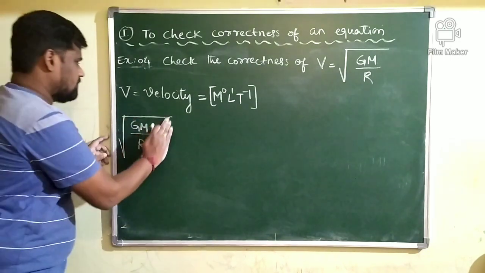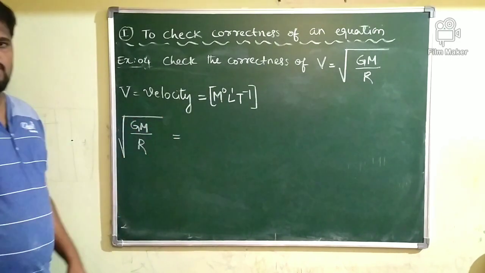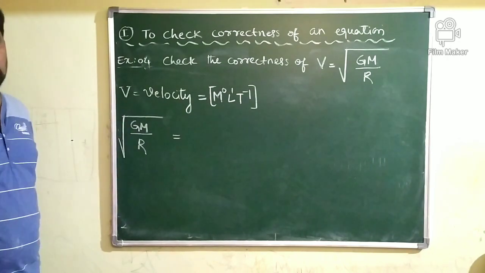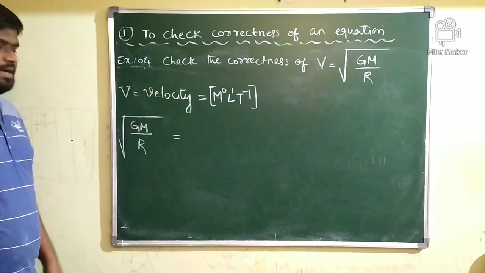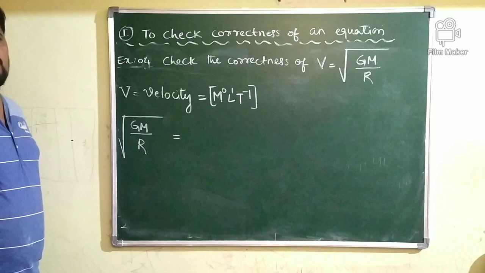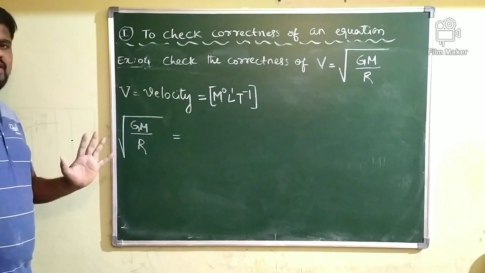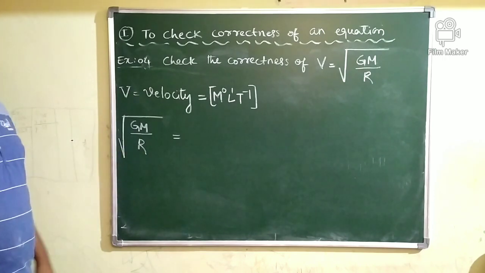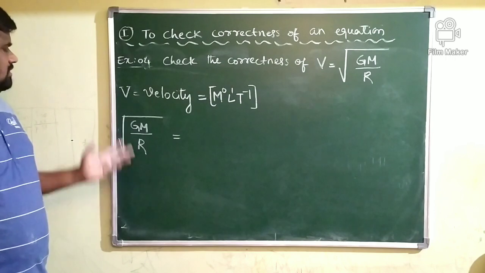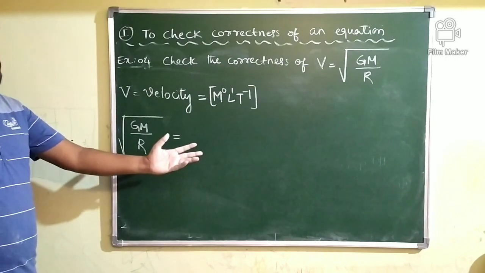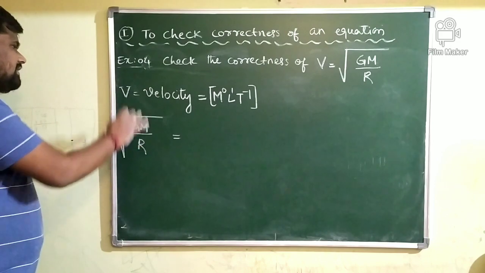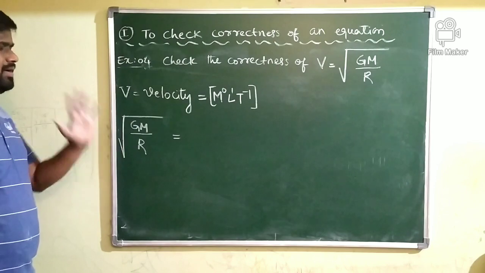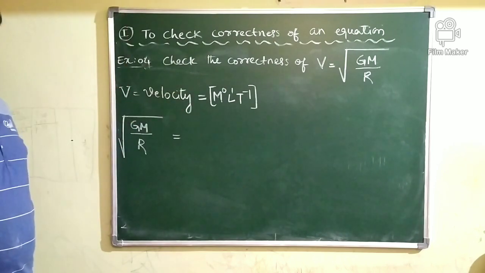What is G? Gravitational constant, so substitute its dimensional formula. What is M? Mass, substitute the dimensional formula of mass. What is r? Radius, which is nothing but length. Substitute the dimensional formula for length. You can get the dimensional formula of the RHS. The dimensional formula of LHS should be equal to that of RHS, then the equation is correct.